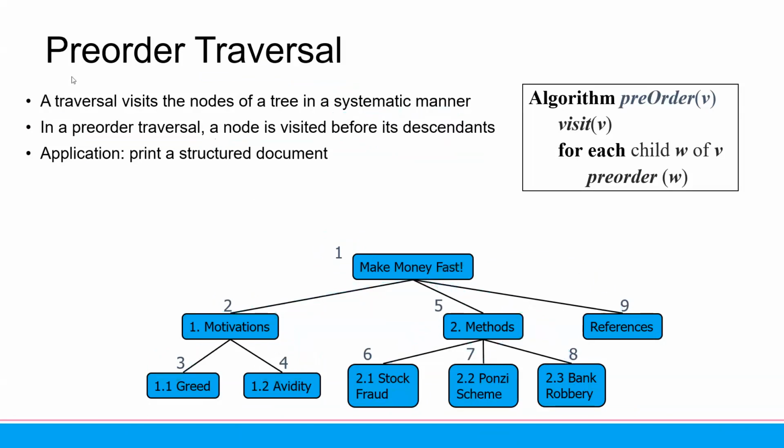And we can have a very simple pseudocode like this one. This is the pre-order. V is the vertex. First, we visit the vertex. It means we visit number 1.